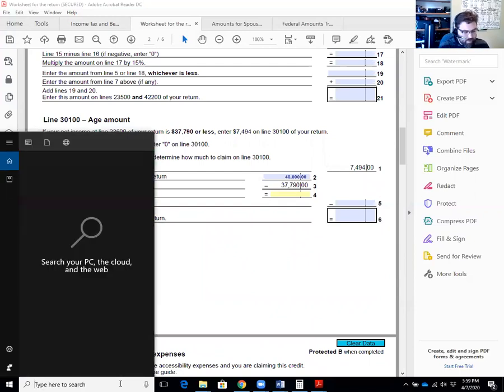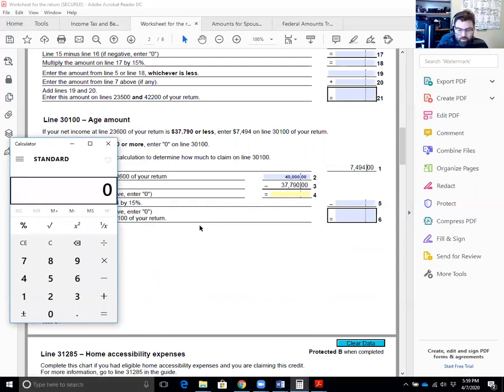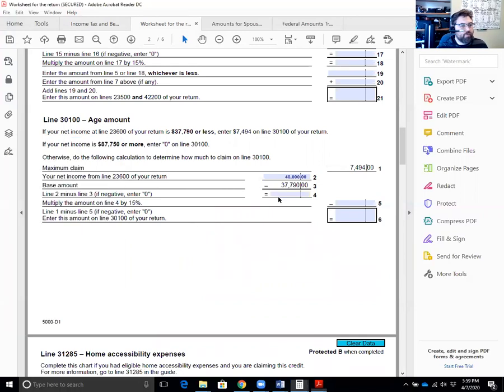Bring up my calculator here. 40,000 minus 37,790 is 2,210.